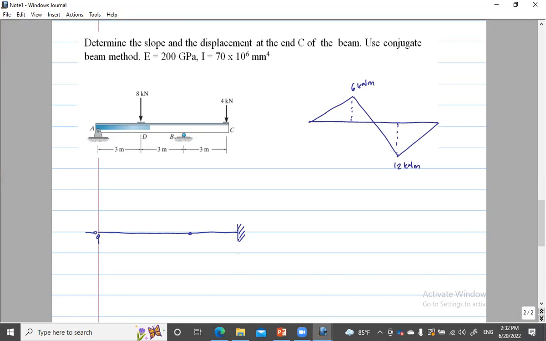Okay. So now we need to apply that load on this beam.